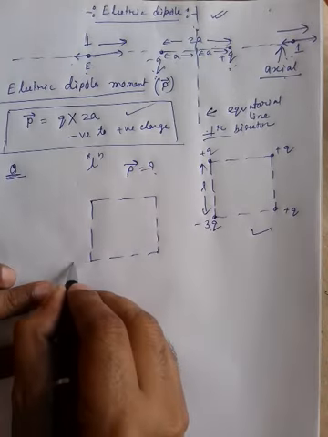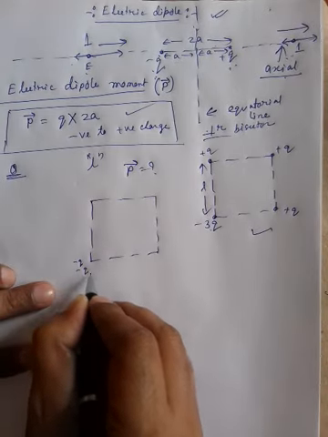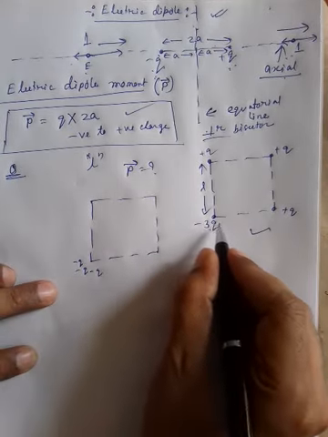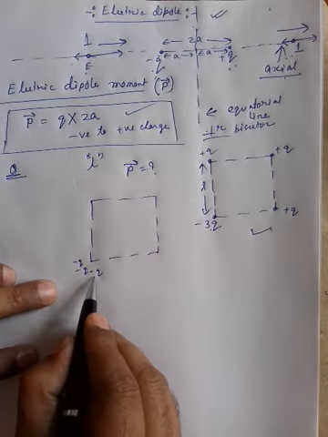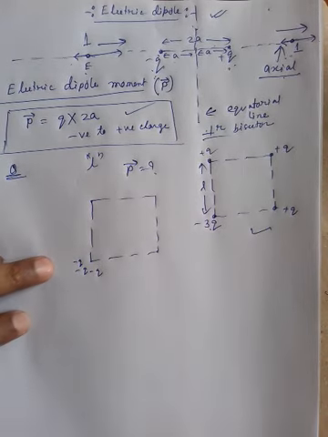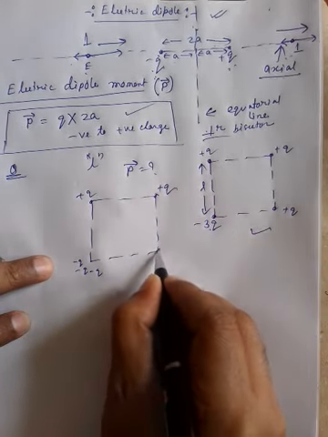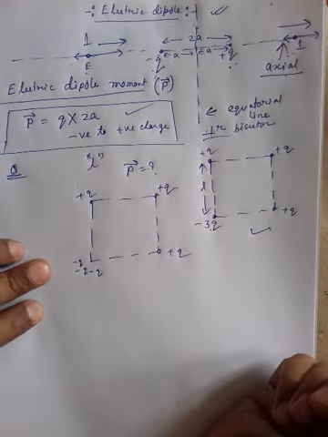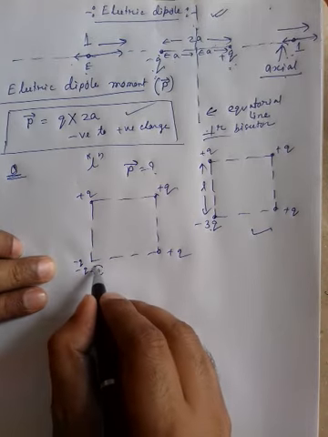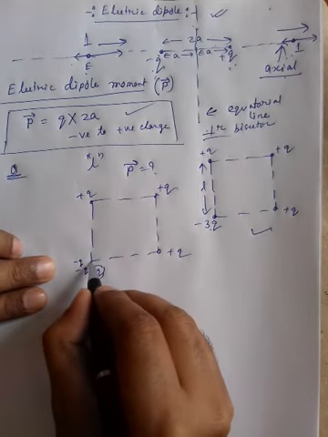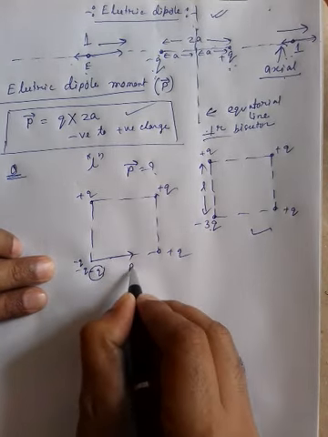Here minus 3q is present. Instead of 1 minus 3q, I am assuming 3 minus q charges kept together, minus 3q. 1 plus q here, 1 plus q here, 1 plus q here. Mathematically no mistake is done. This minus q and this plus q form a dipole on this side. I am writing P1.